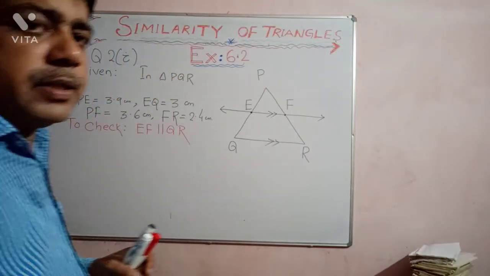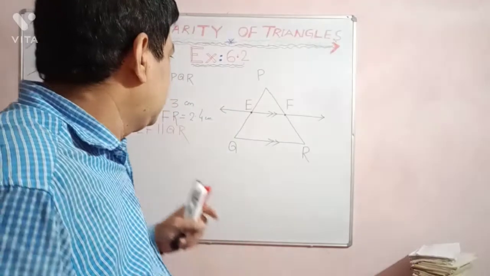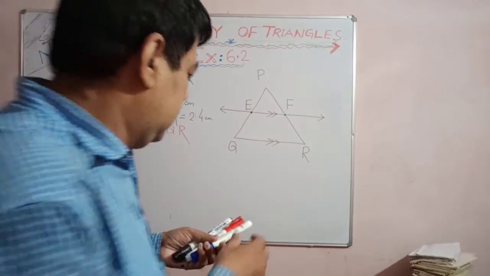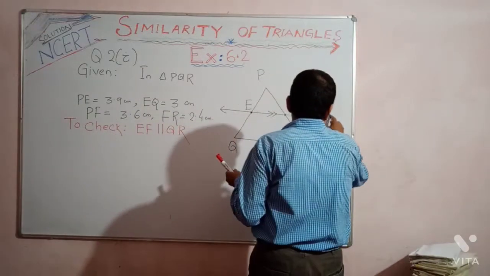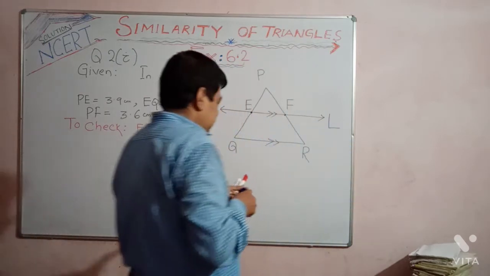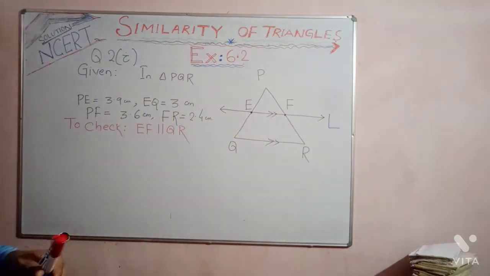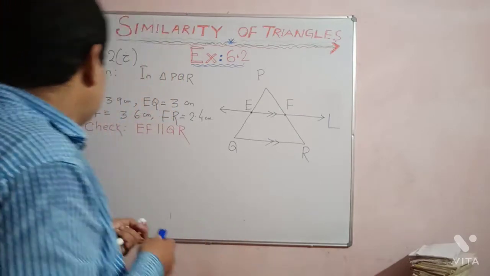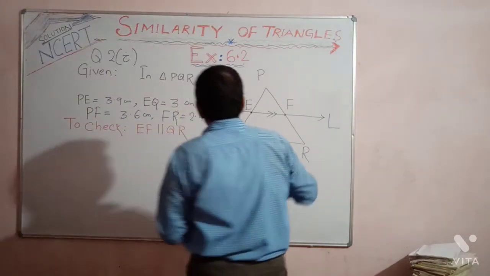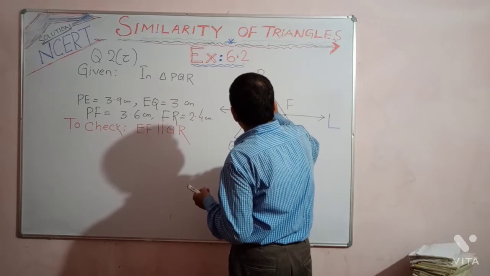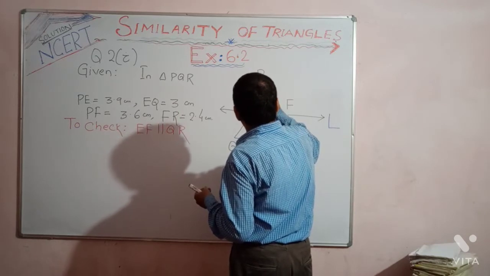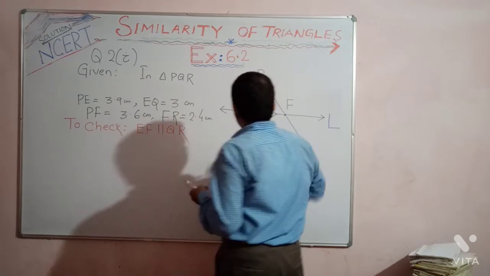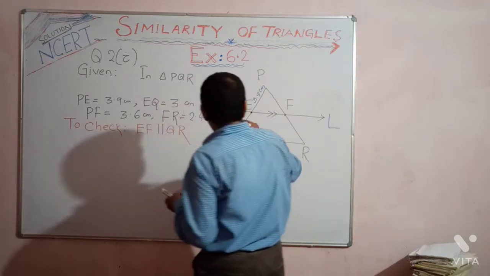In this question it's given the line EF, or the line L, intersects PQ at the point E and PR at the point F. Here the part PE is given as 3.9 centimeter, and EQ is given as 3 centimeter.